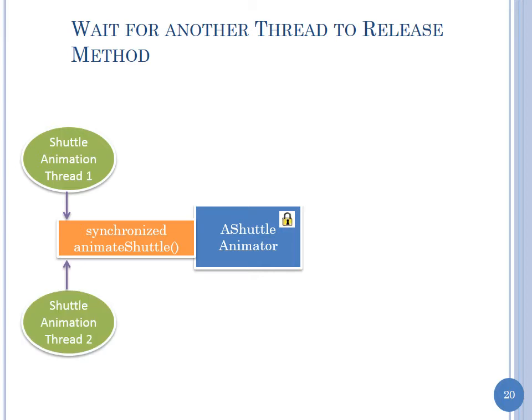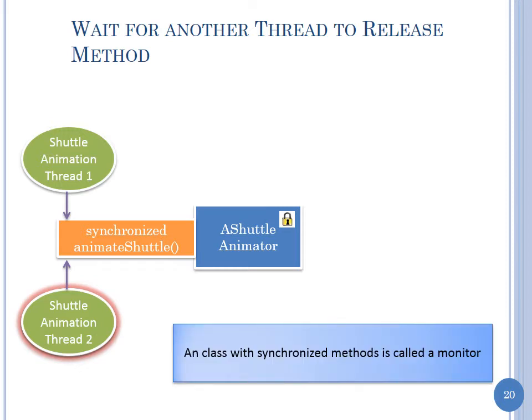And if another thread now tries to execute this method, it is put in a wait state. It goes into a queue. It doesn't get to execute the method. So when you have synchronized methods in a class, that class is called a monitor, and the synchronized methods traditionally have been called entry procedures or entry methods.